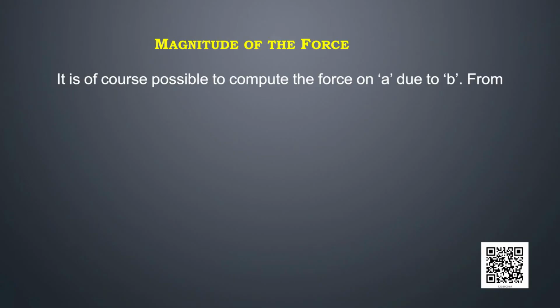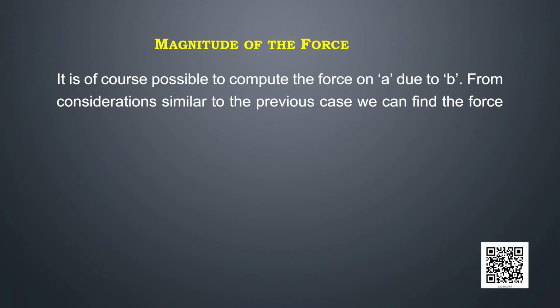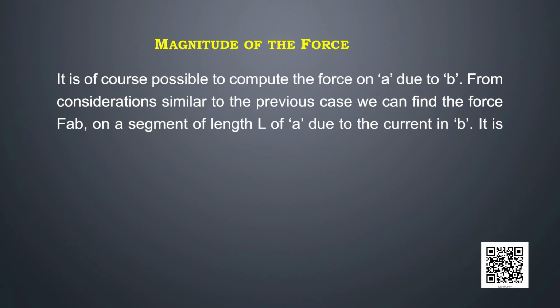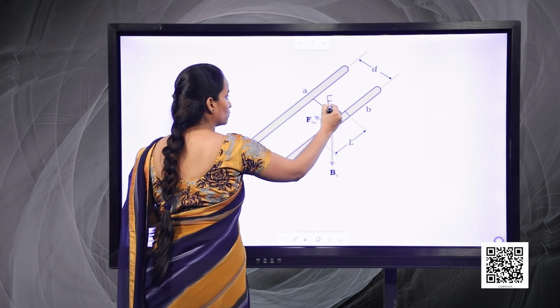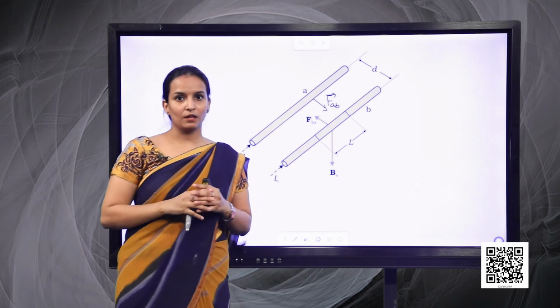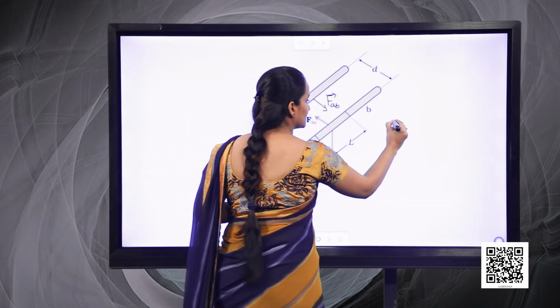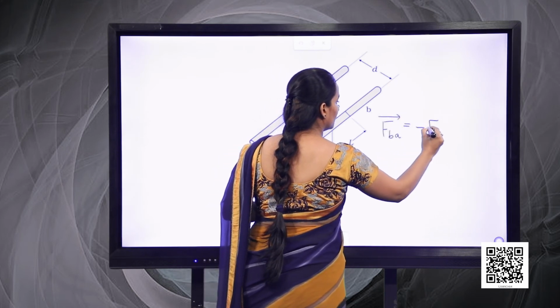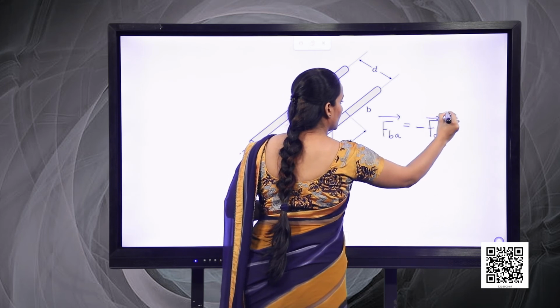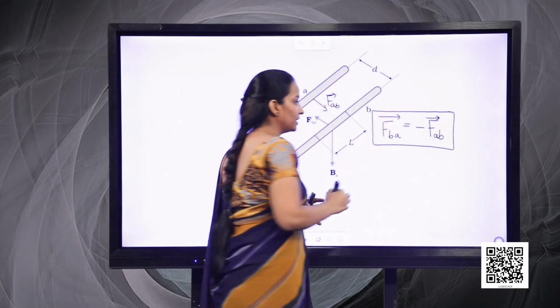It is of course possible to compute the force on A due to B. From considerations similar to the previous case, we can find the force FAB on a segment of length L of A due to the current in B. It is equal in magnitude to FBA and is directed towards B. And here I will write FBA equals minus FAB because they are in opposite directions but equal in magnitude.